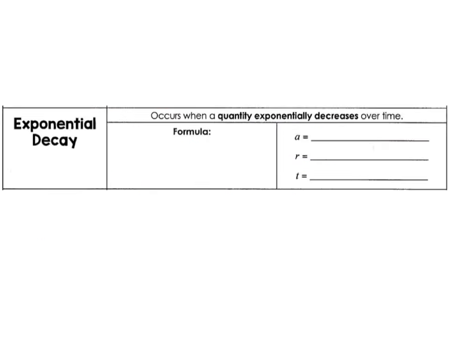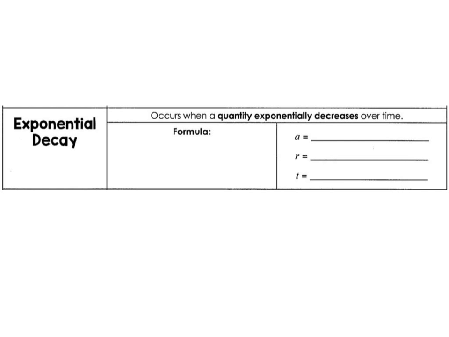All right, another application of exponential functions that we're going to talk about today is exponential decay. Exponential decay occurs when a quantity exponentially decreases over time. So the formula for exponential decay is very similar to exponential growth, all right?